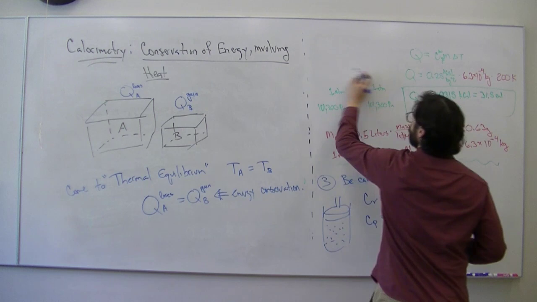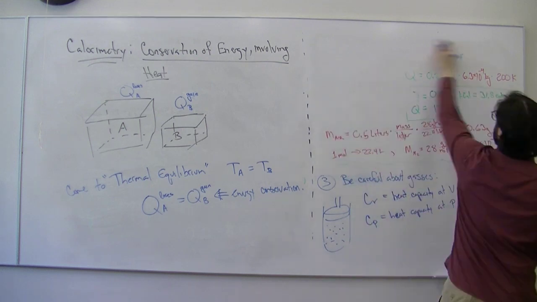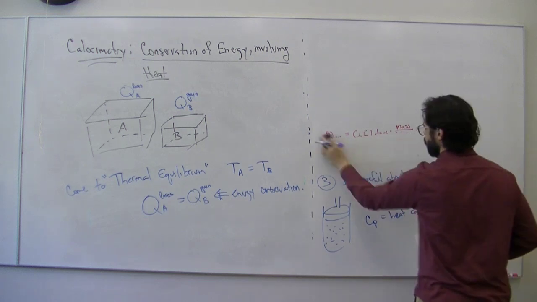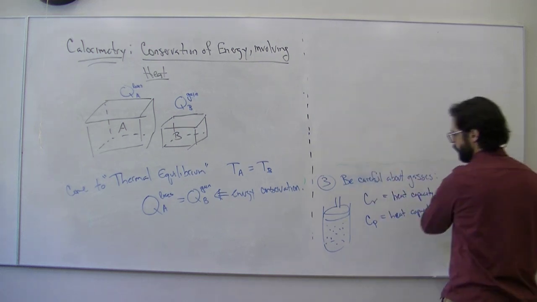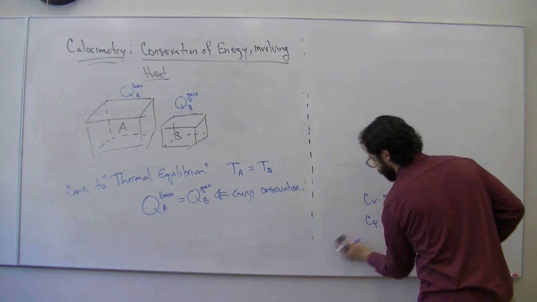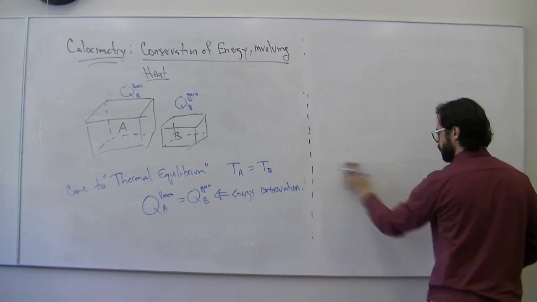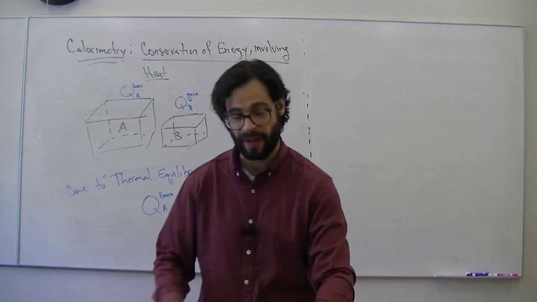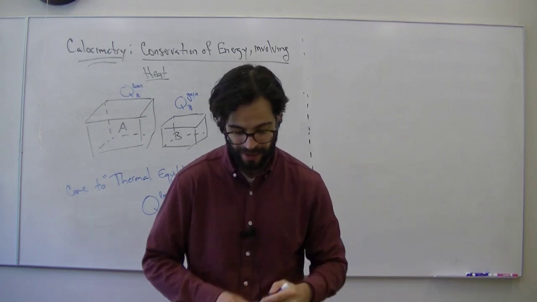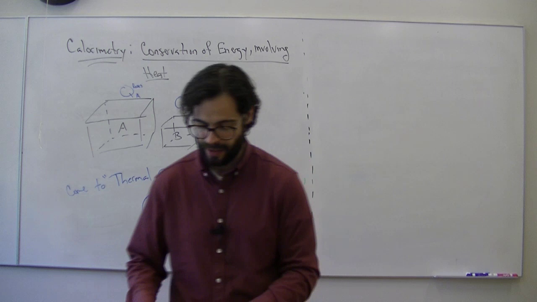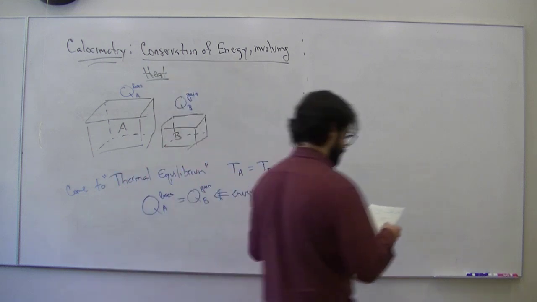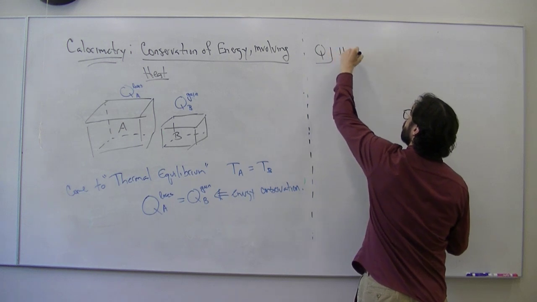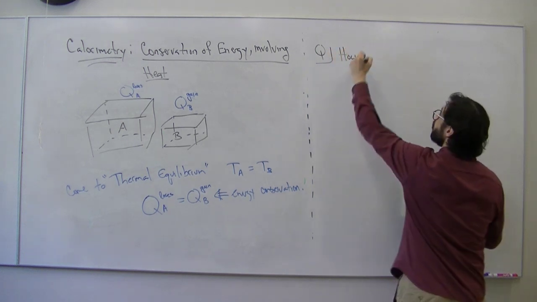I'll write down the equation as we use it, because the way that you handle signs in a calorimetry problem to really make sure that you're not making any errors is to just make the signs be whatever they need to be to be correct. So let's say that we ask this.